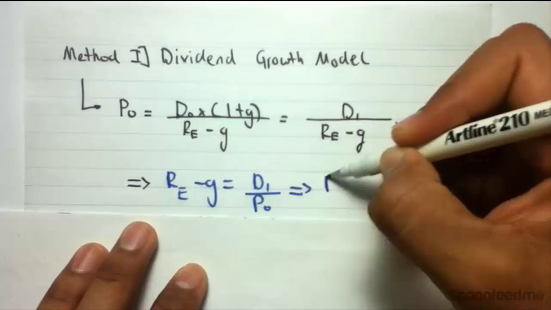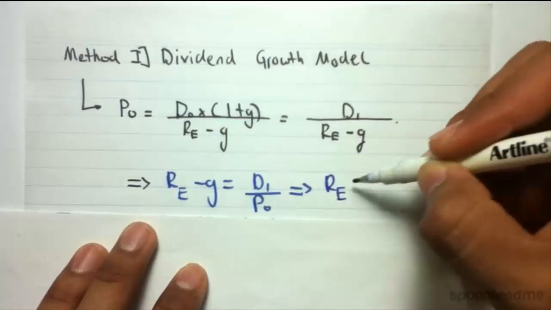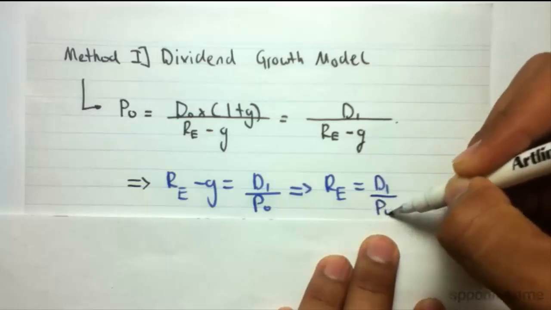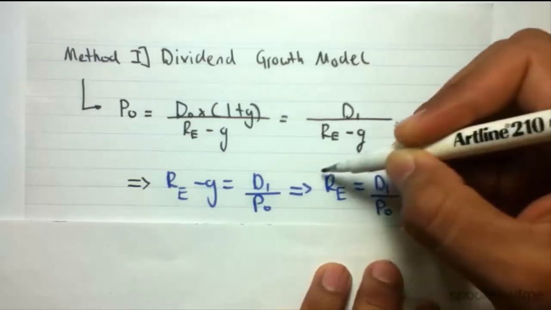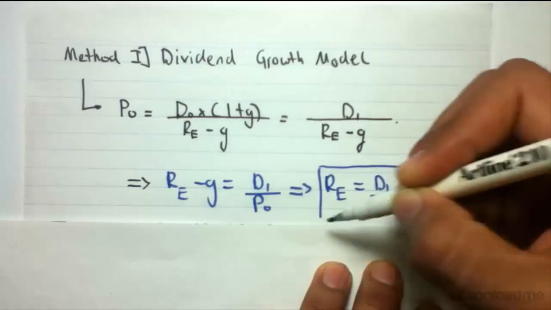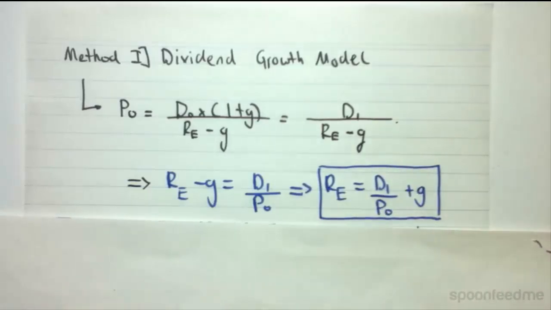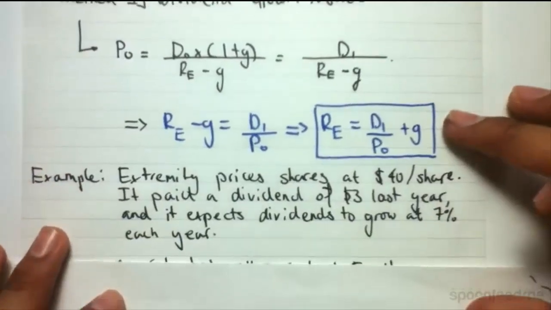And this implies that RE is equal to D1 over P0 plus G. And there we have it. That right here is going to be our return on equity. So now we can do an example.